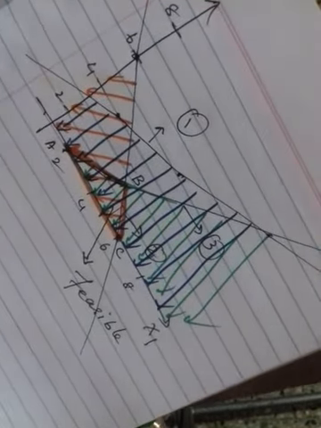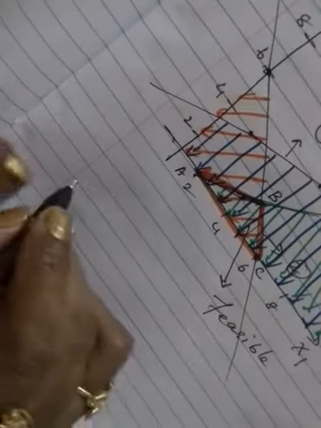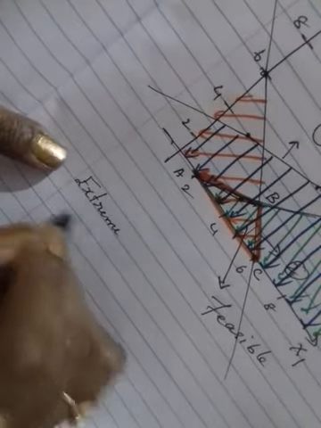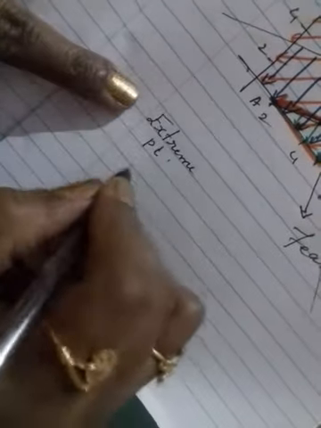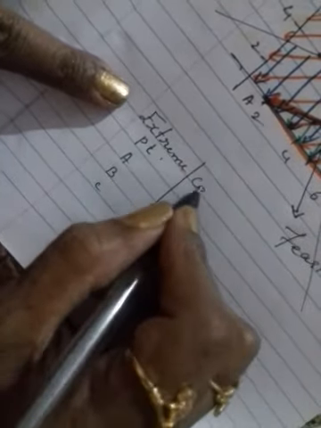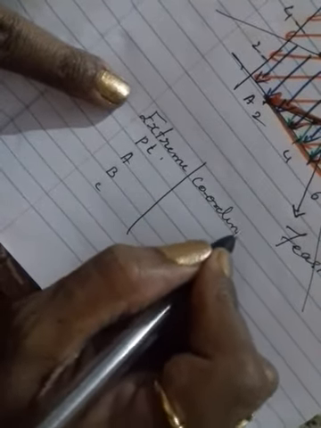Okay. Now we identify 3 extreme points. One is A, another one is B, another one is C. Now we have to find out the coordinates by using the graph sheet. You find out the coordinate, and this is 2 comma 0.